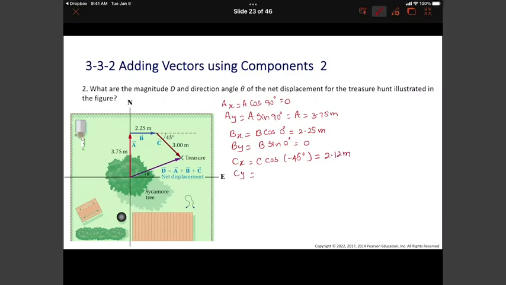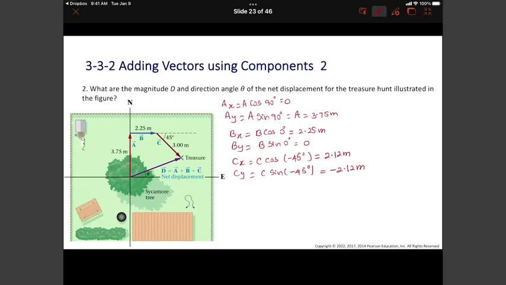And the y component is C sin minus 45 degree, which is equal to minus 2.12 meter. Now we can get the x and y component of the resultant vector by simply adding the x and y components of each vector separately.